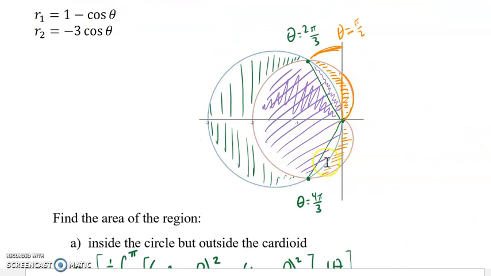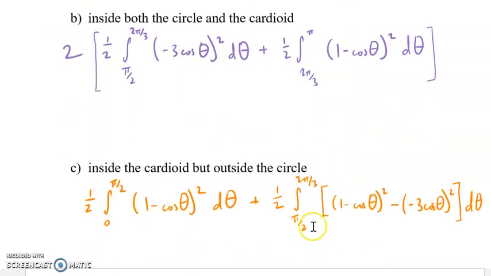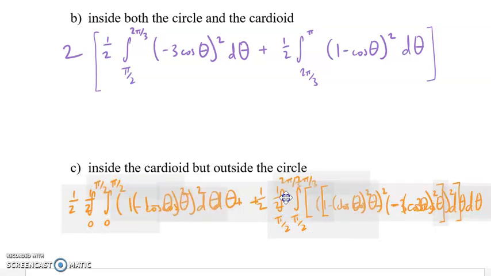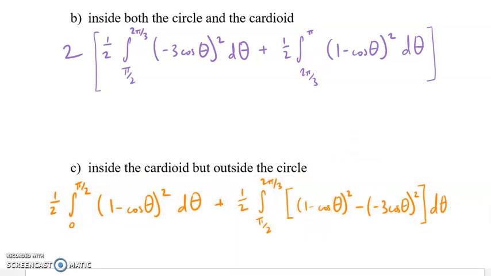There's also orange stuff on the bottom that we need to include as well. Since it's the same size, we'll just double it. So I'm going to slide this over a bit so that I can include the multiply by 2. All right, so paying attention to your theta values is very important on this.